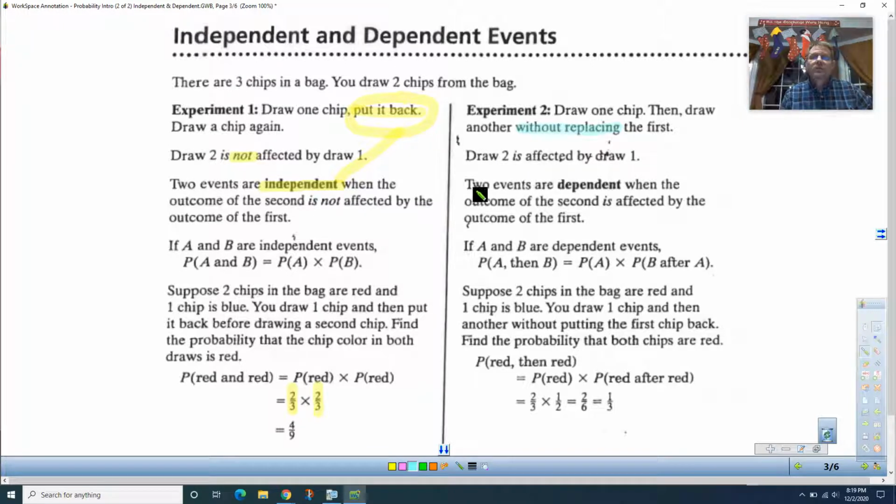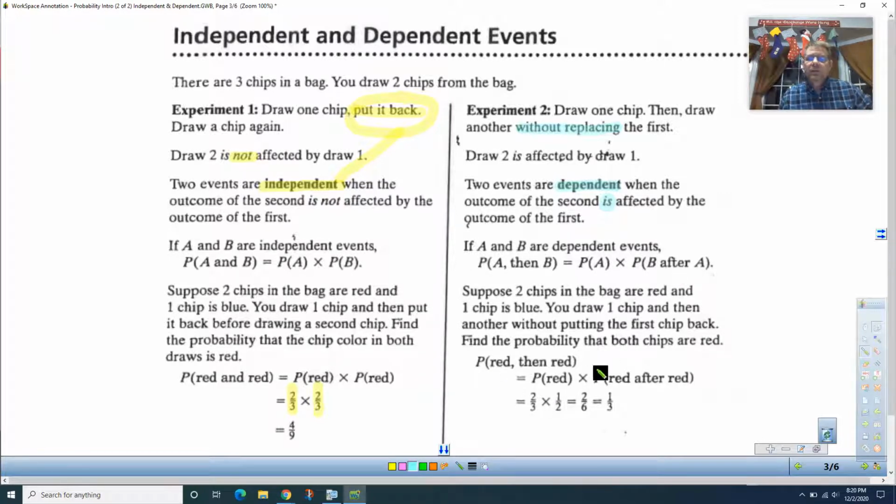So 2 events are dependent when the outcome of the second is affected by the outcome of the first. If A and B are dependent, you're going to say the probability of A times the probability of B after A has already happened.